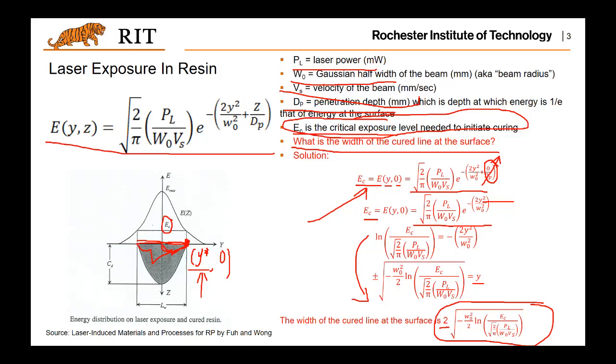With this understood, you can easily figure out the half width by substituting all these knowns into this equation. All right, any question? Okay, that's good.